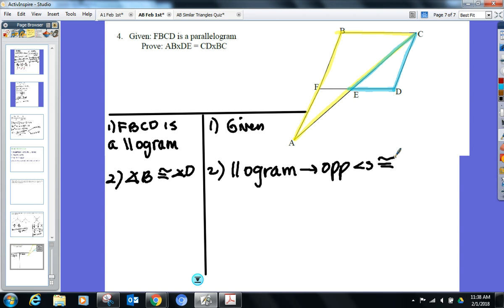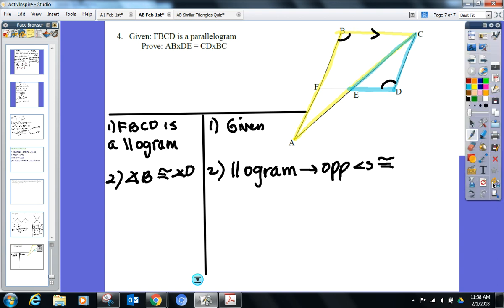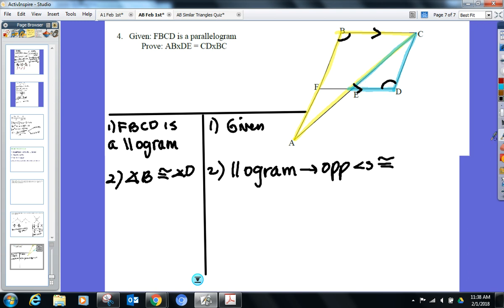There's one pair. Oh, Will. Okay. That is a true fact. I'm just trying to get alternate interior angles. You can do it either way.